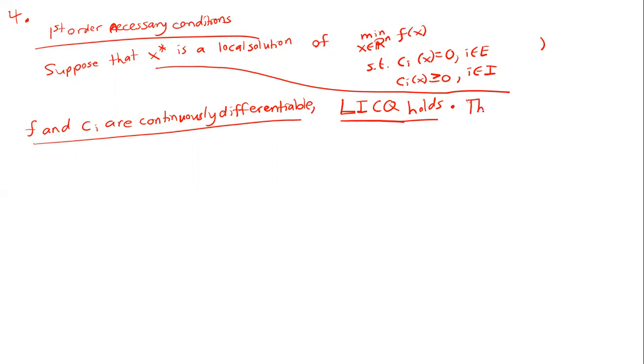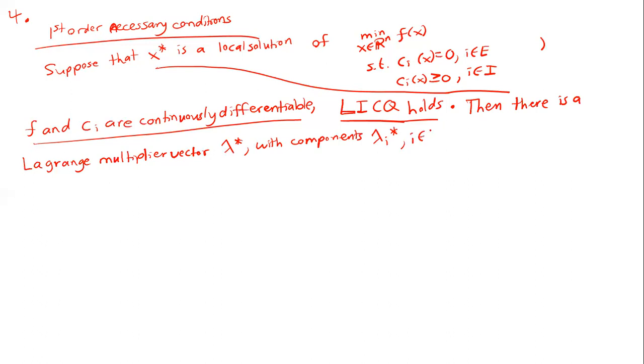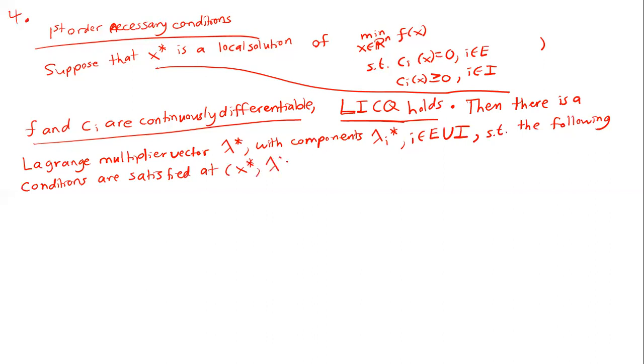And if that's true, then there is a Lagrange multiplier vector lambda star with components lambda_i star, i contained in E union I, so that's the union of the indices for the equality and the inequality constraints, such that the following conditions are satisfied at x star and lambda star.